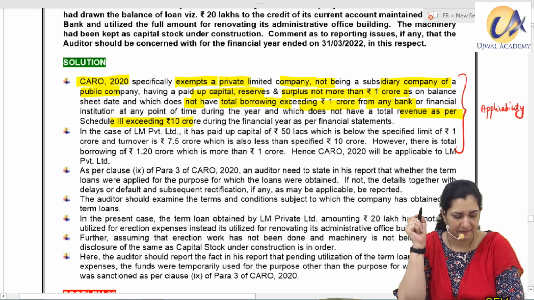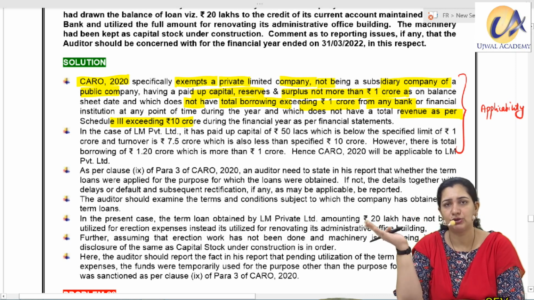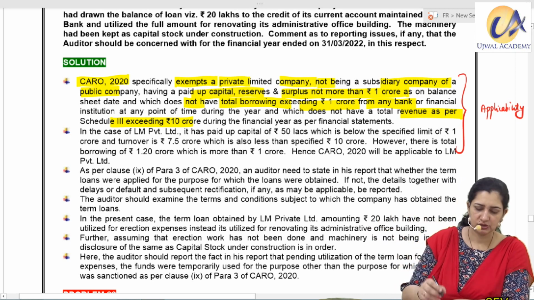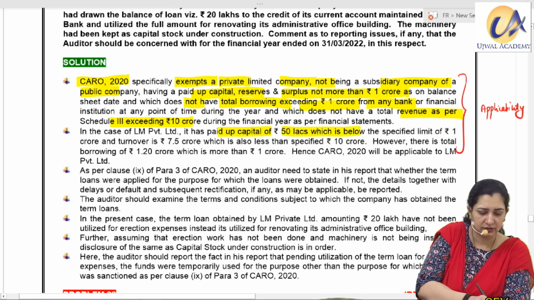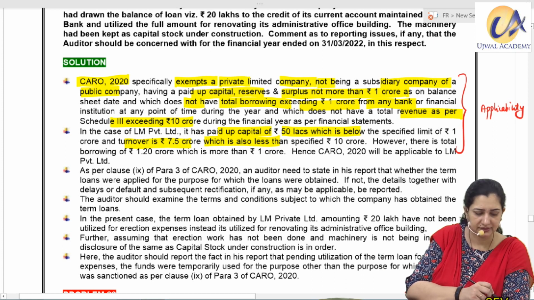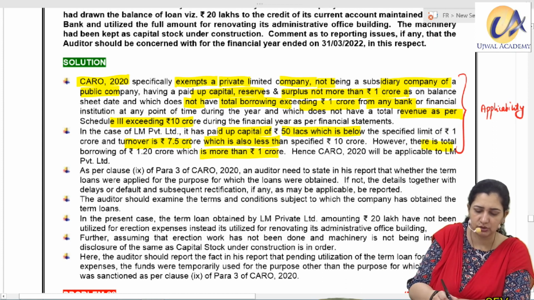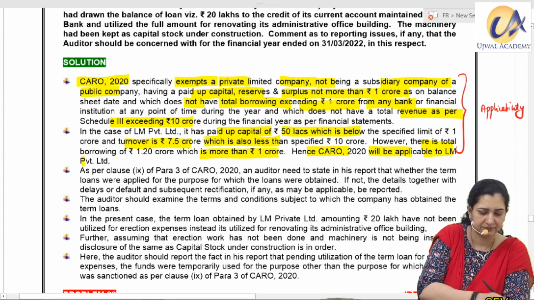In other words, they have revenue of less than 10 crores. So here paid up capital is within 50 lakh, within 1 crore, turnover is within 10 crores, but total borrowing is more than 1 crore, hence CARO is applicable. Simple.